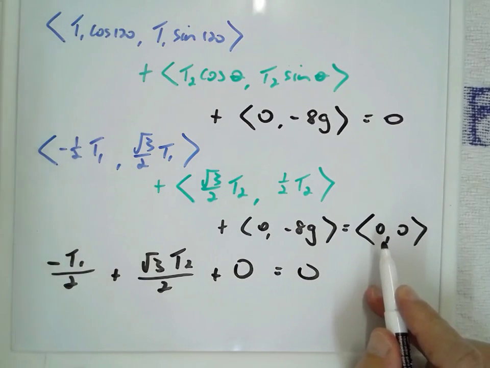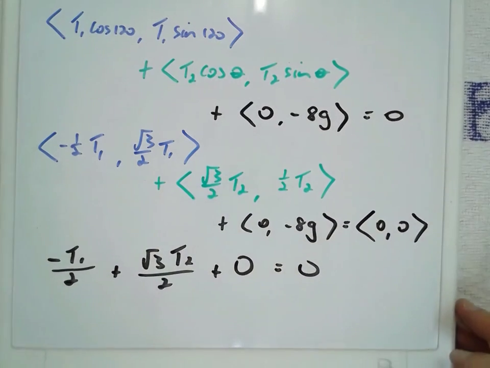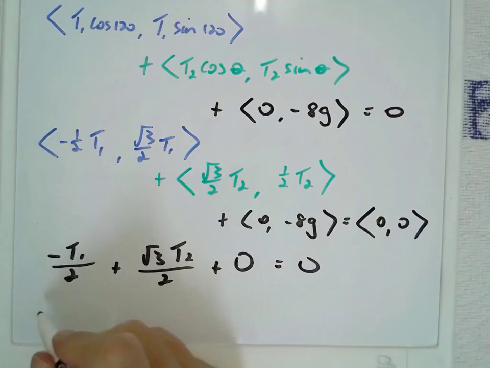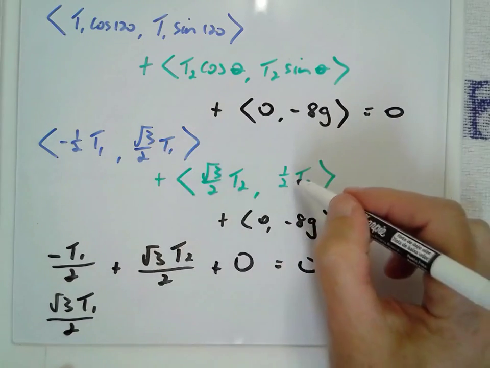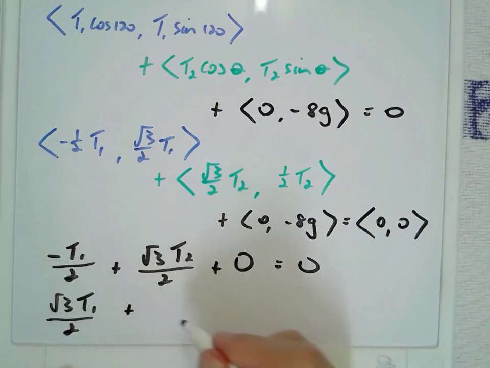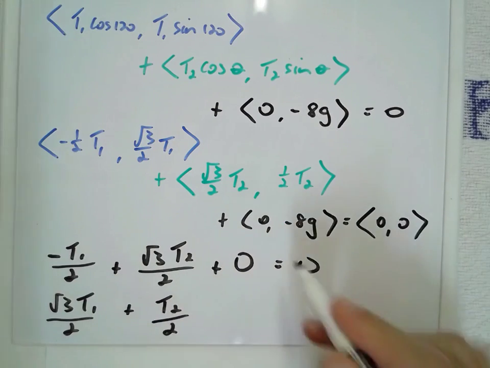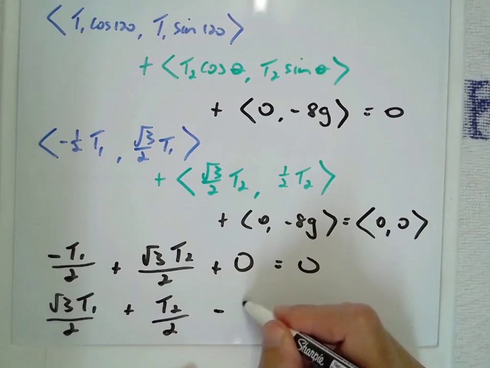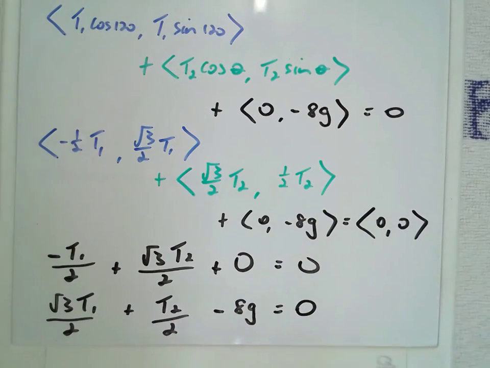And when we correlate our j components, we're going to get root 3 T1 on 2 plus T2 on 2 minus 8g equals 0.